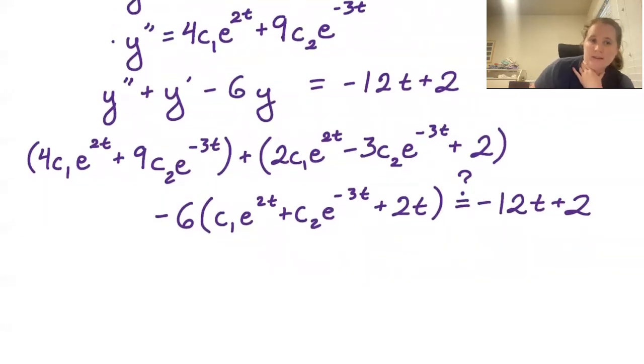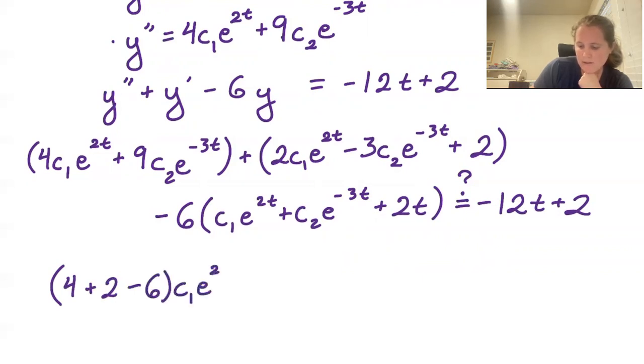If we simplify this, I'm just going to go quickly through. For our c1 e to the 2t, we have 4 plus 2, and then we would have minus 6 copies of c1 e to the 2t.